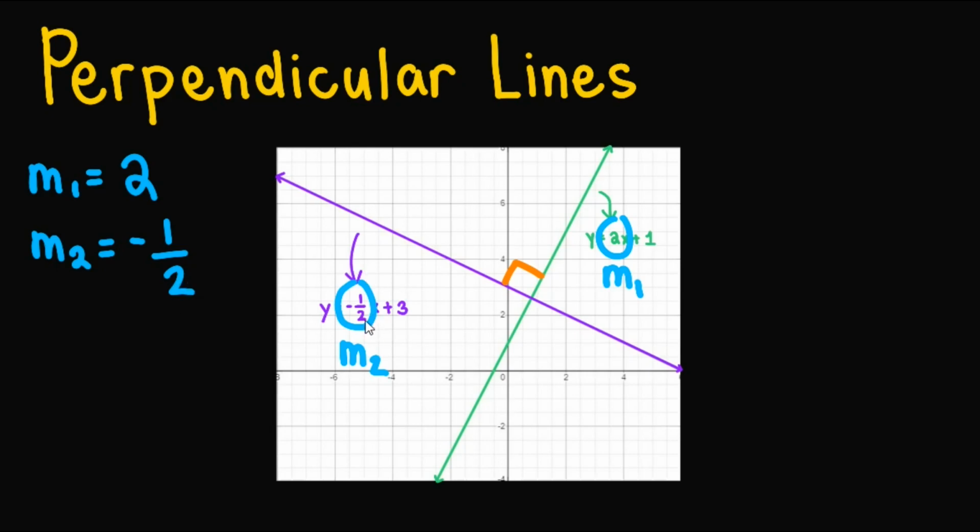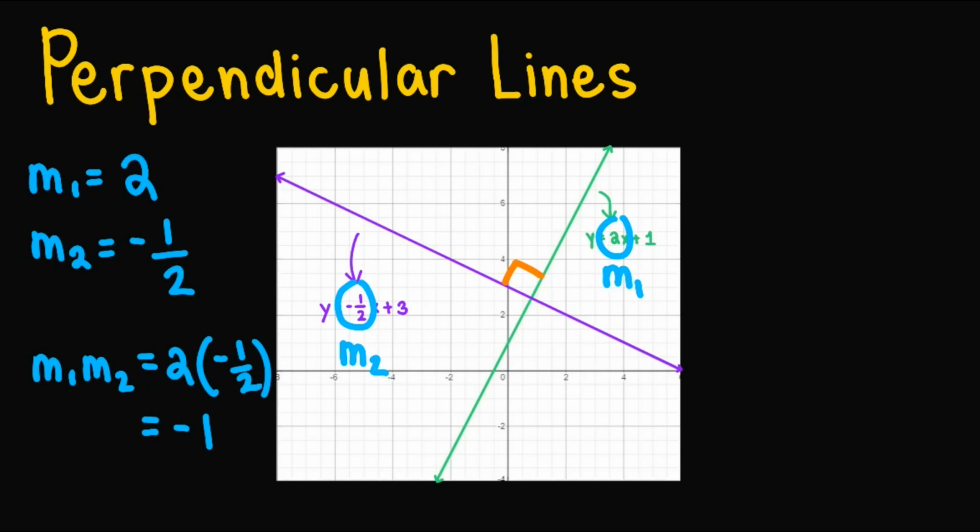Now, take note that m1 times m2 will give us 2 times -1/2, or simply -1. Take note of this one.